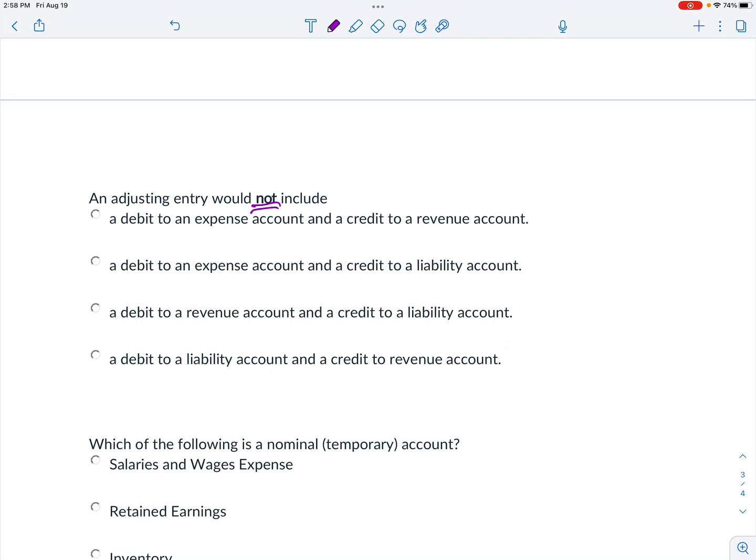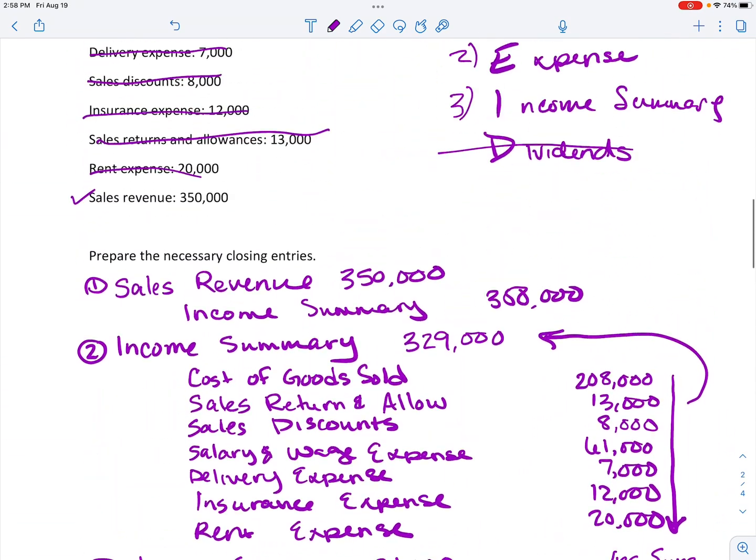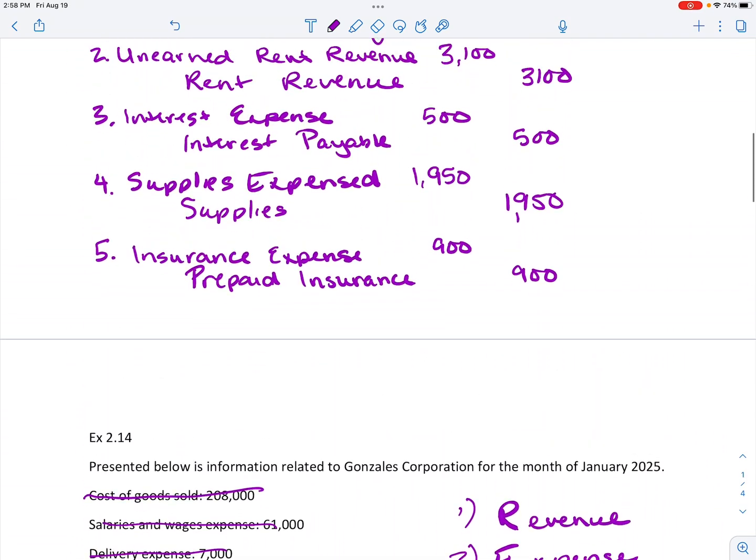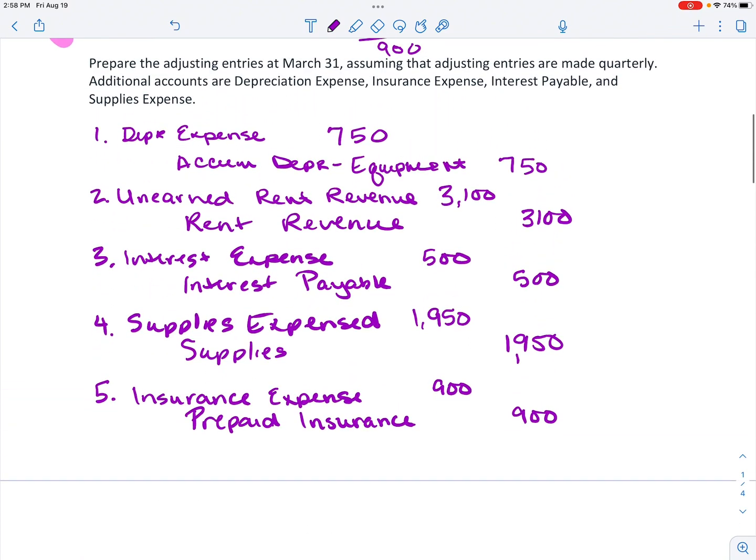So we know from reviewing that adjusting entries always include one income statement account and one balance sheet account. We can look back up here to our adjusting entries and notice, for example, this expense is our income statement account, prepaid is our balance sheet account.